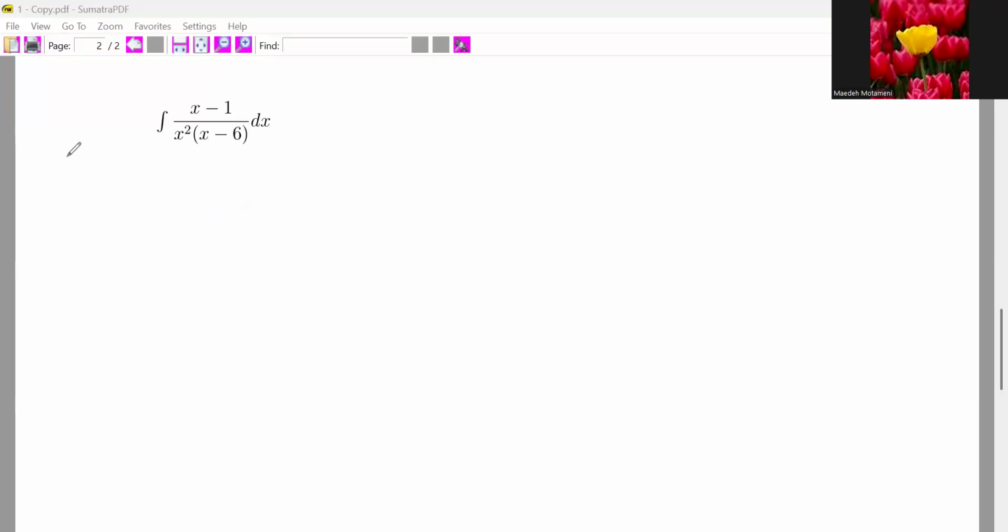So the next option is getting help of partial fraction method. So x minus 1 over x squared times x minus 6 will be two fractions for the first part, x and x squared, a and b here. And one fraction for x minus 6, and here will be c.